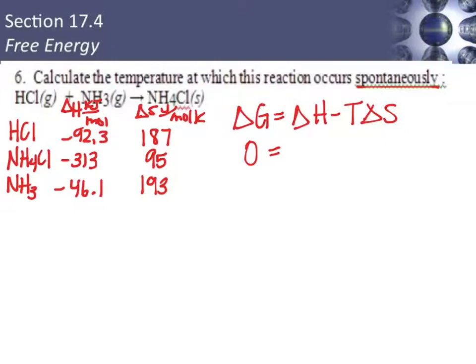So I'm just going to leave that there for a minute, and I'm going to go and find delta H and delta S. So delta H is equal to negative 313 minus the sum of negative 92.3 plus negative 46.1.